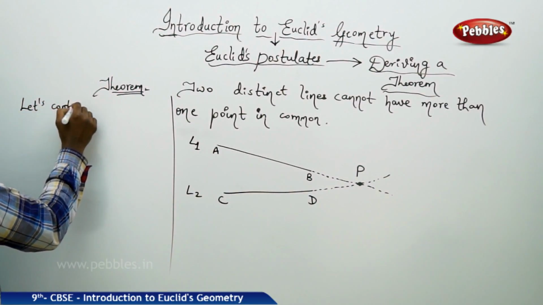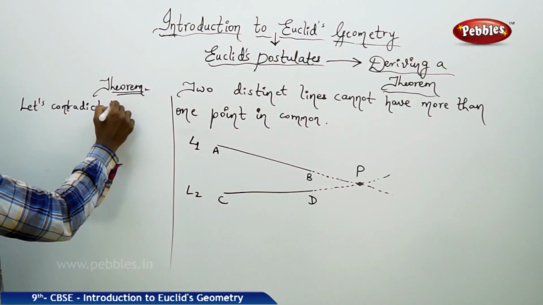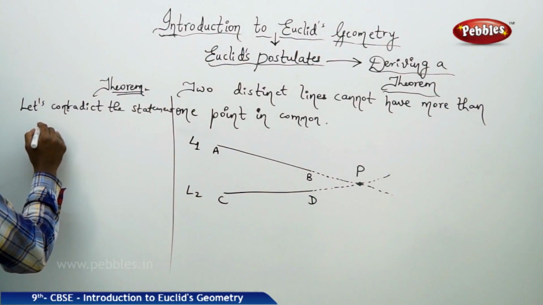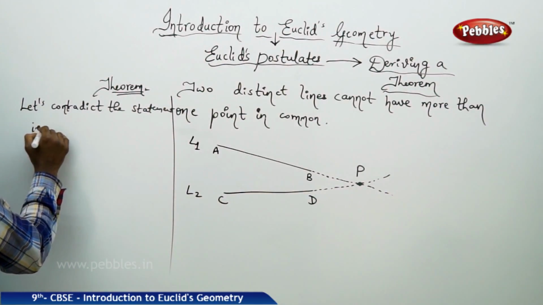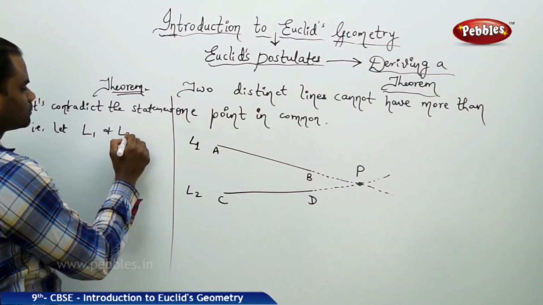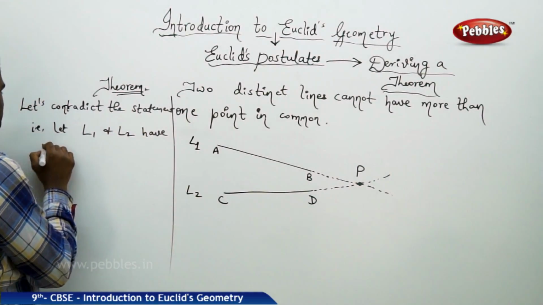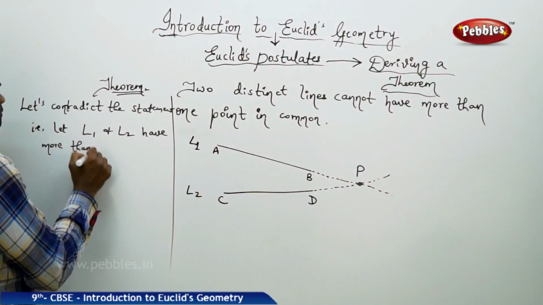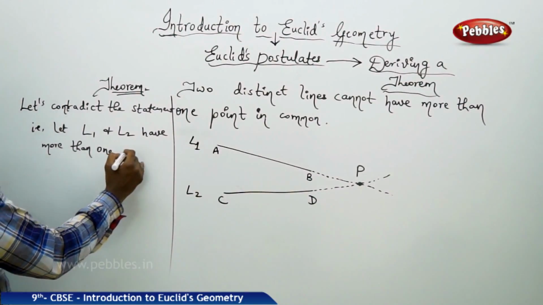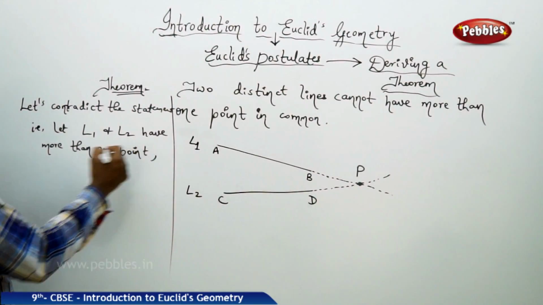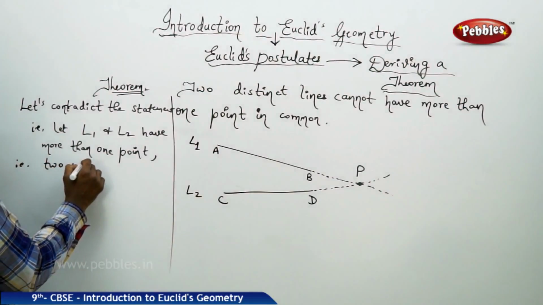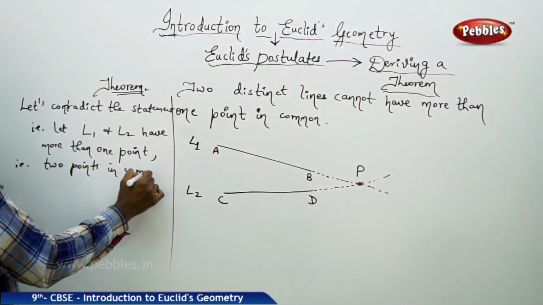Let's contradict the statement, that is, let the lines L1 and L2 have more than 1 point, that is 2 points in common.